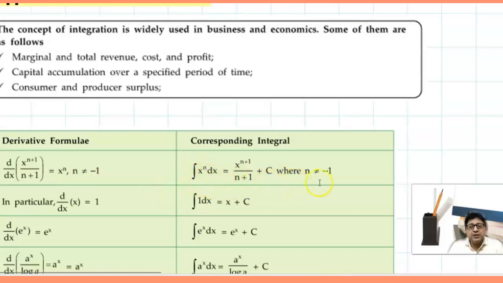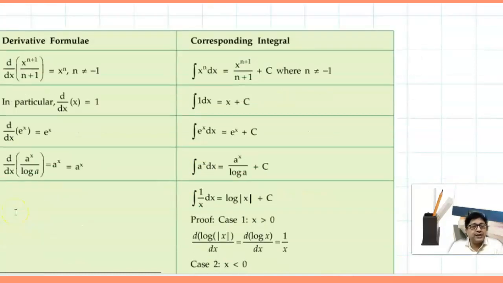This is the symbol used for integration, where n is not equal to -1. And what is the derivative of x? For x, when you consider it is x to the power 1, so 1 times x to the power 0, that is equal to 1 only after differentiation. So integration of 1 dx, or simply integration of dx, is equal to x plus c.